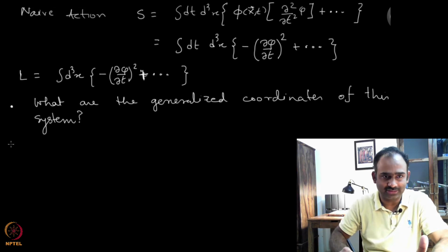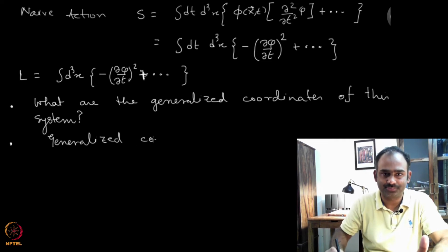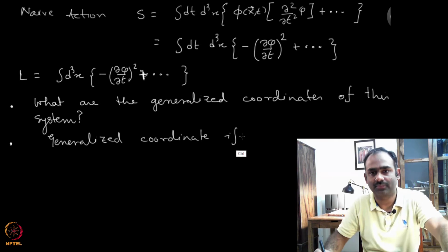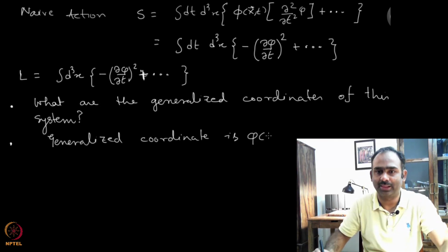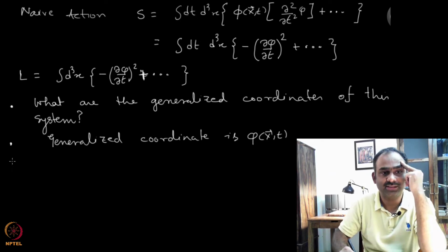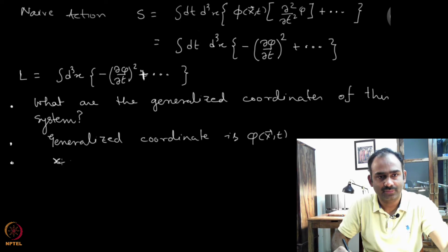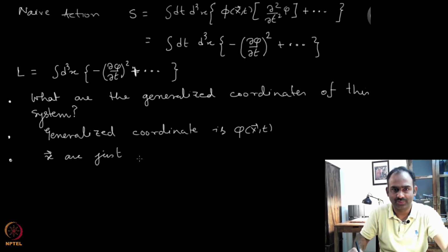So your dynamical variable or the generalized coordinate is phi, and x is just a label, labels for the coordinate.